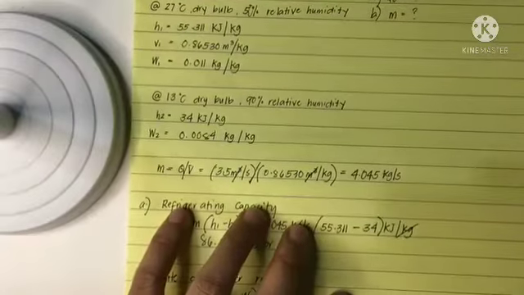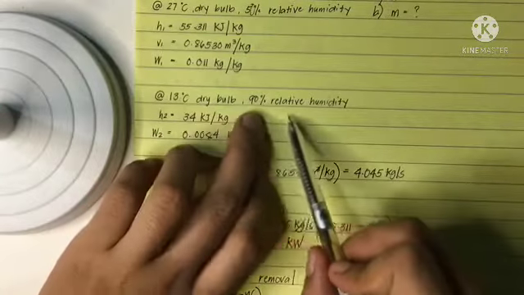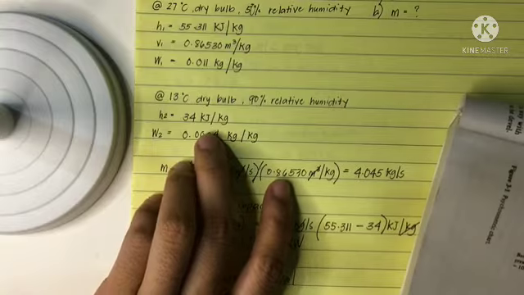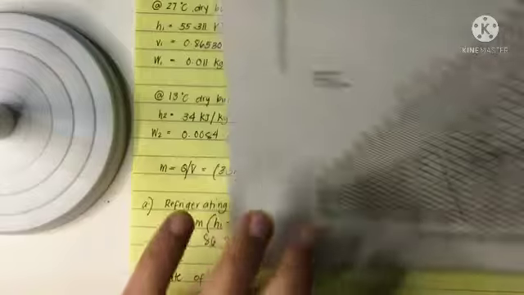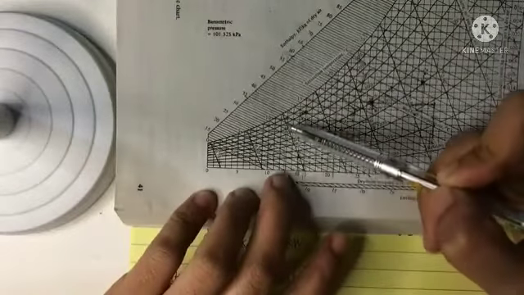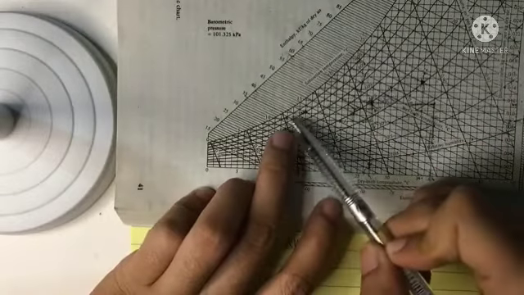Next, at 13 degrees Celsius dry bulb, 90% relative humidity, using our psychrometric chart, we can find the value of enthalpy 2 and humidity ratio 2. So 13 degrees Celsius here and 90% relative humidity here.